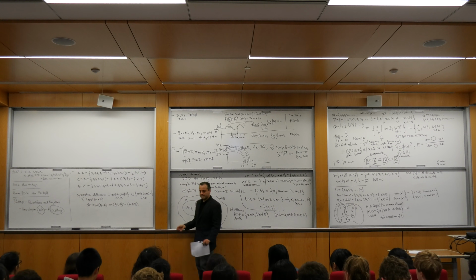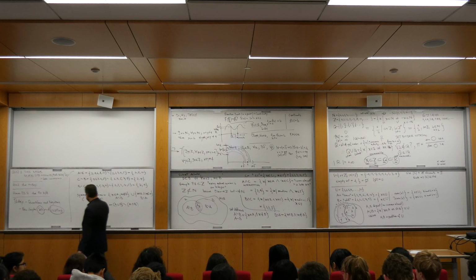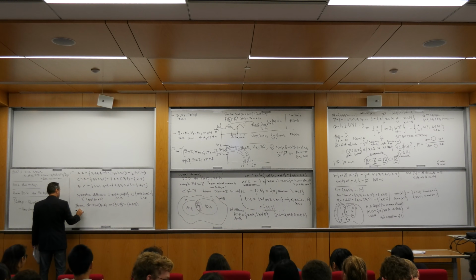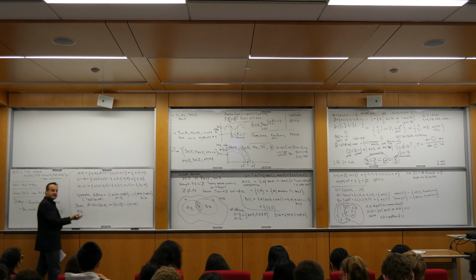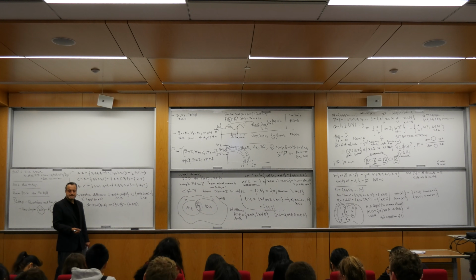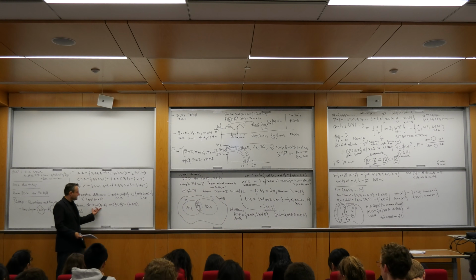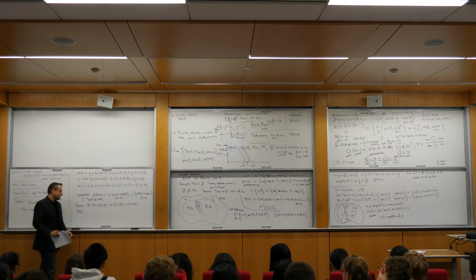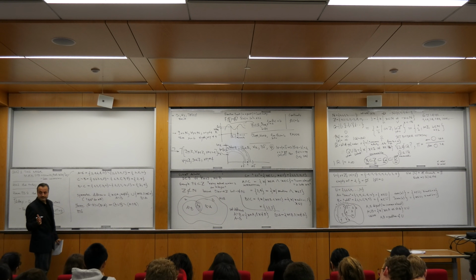How do you prove such a thing? That's a theorem, right? How do we prove two sets are equal? When somebody says, this set is the same as that set, what does that mean? Yes? They both contain the exact same elements. So the proof has to have two parts.